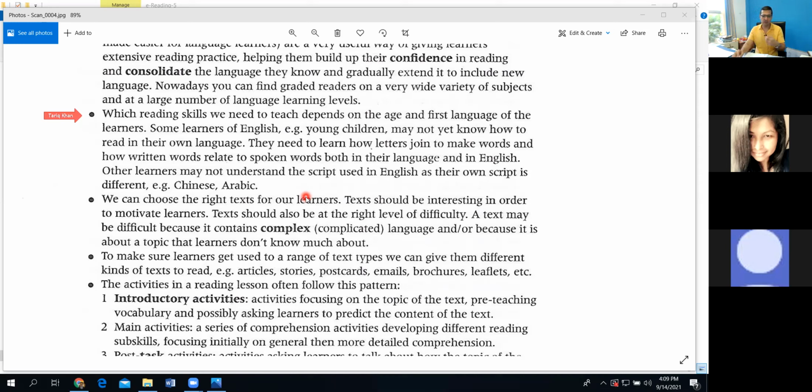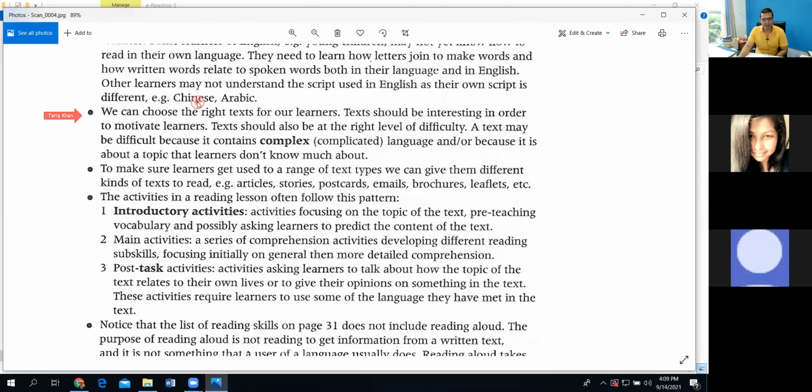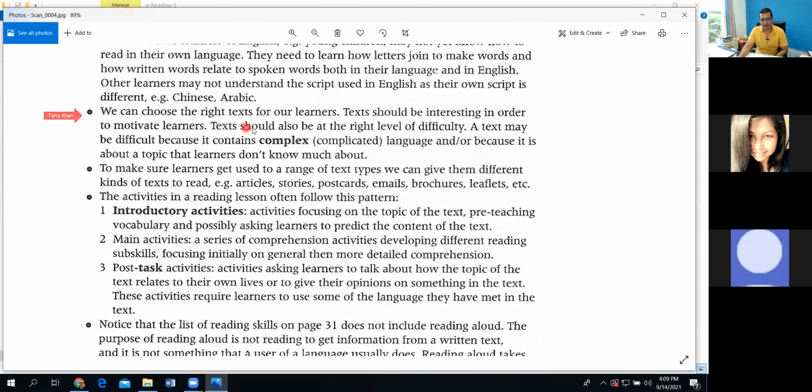All right. So this is the outcome of this point. The next point is we can choose the right text for our learners. Text should be interesting in order to motivate learners. Text should also be at the right level of difficulty. A text may be difficult because it contains complex language or because it's about a topic that learners don't know much about.